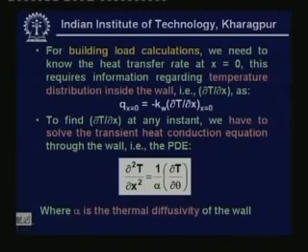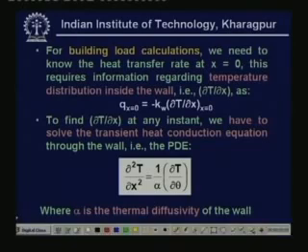This requires information regarding the temperature distribution inside the wall, that is dou T by dou x, because the heat transfer to the conditioned space is given by the expression minus kW dou T by dou x at x equal to 0. So if you know T as a function of x, then you can find out dou T by dou x at any theta, taking the value of x as 0. So from this you can find out this parameter.